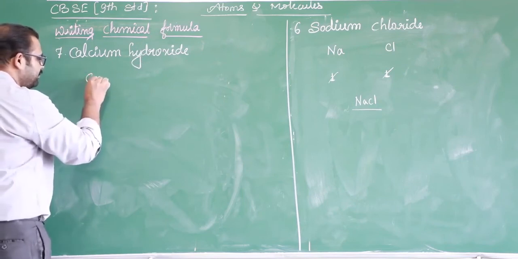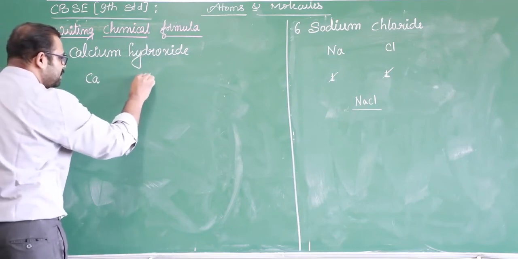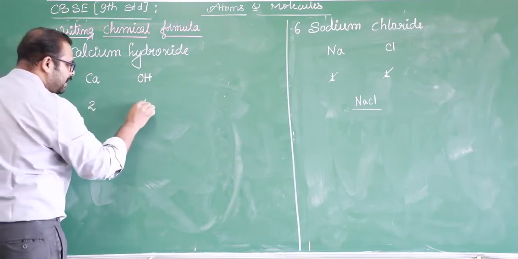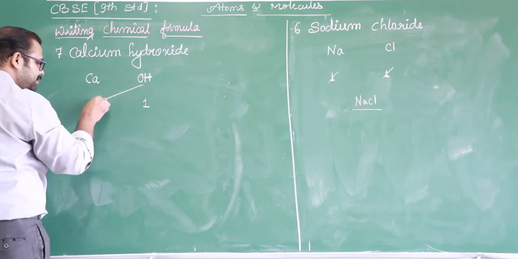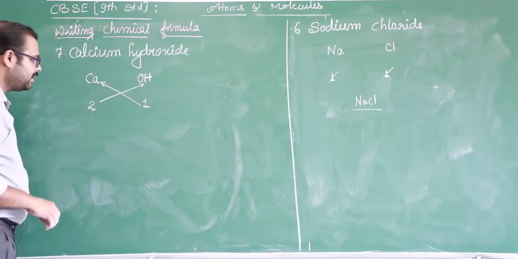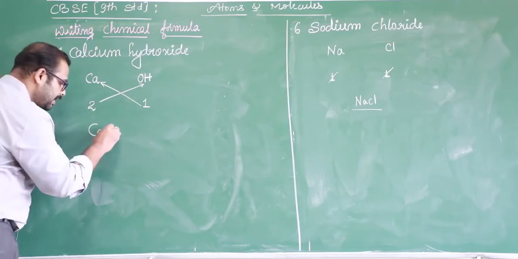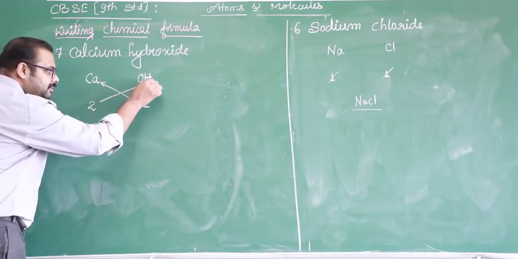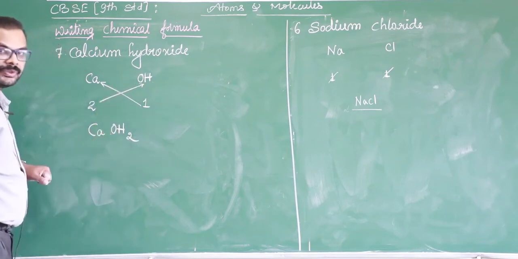Say calcium, symbol is Ca, and hydroxide is OH. So we know that the valence of calcium is 2 and hydroxide is 1. Now again we have to show crossing of their respective valencies. Now Ca and write OH. Now this 2 has to go at the bottom of the OH.